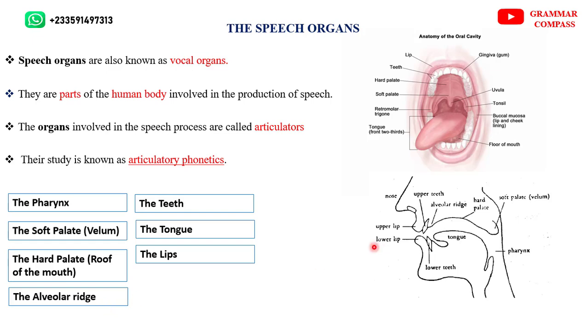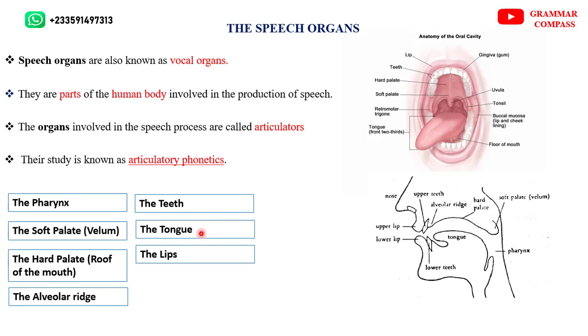Can you locate the alveolar ridge from here? So this part is what is called the alveolar ridge. We also have the teeth. Obviously, I do not need to point to the teeth. Find it yourself. We have the tongue.